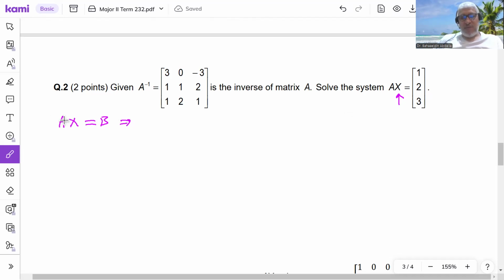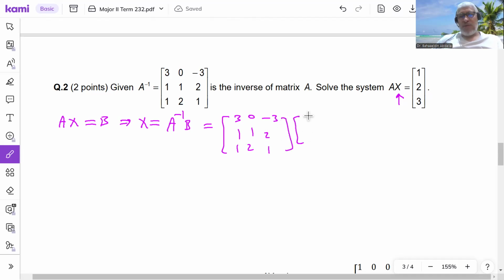A inverse times A will give you I times X, which gives you X. So X would be A inverse times B. Well, A inverse is given in the question, and B is given.